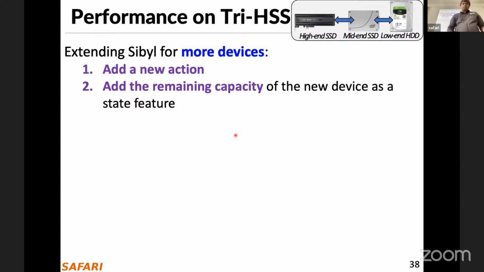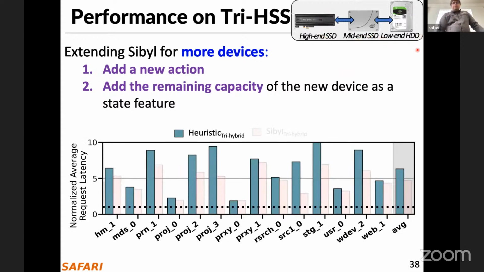devices. So this is the configuration that we use in the tri-hybrid storage system: a high-end SSD, a middle-end SSD, and a low-end HDD. Here we also had to extend the prior approach for multiple devices, which took significant effort in redesigning it.